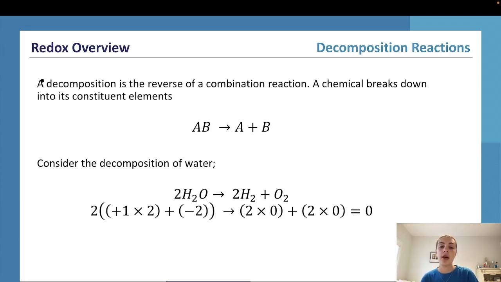So essentially the oxygen will lose 2 electrons and enable the hydrogen to be reduced by donating those 2 electrons, and the hydrogen from the water will have gained those electrons in order to enable the oxygen to actually donate those across.